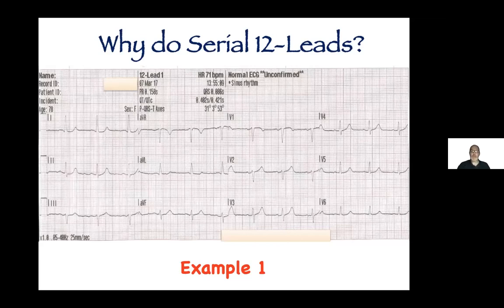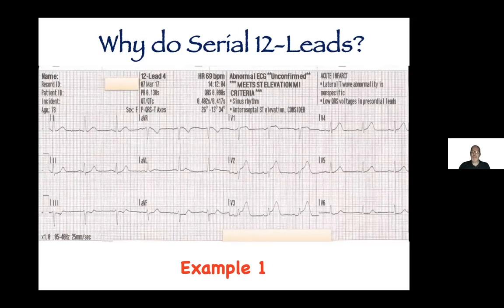Why do serial EKGs? This machine's telling you this is a sinus rhythm, nothing to worry about. Probably get a signed refusal from this patient. Well, the paramedic running this EKG, which was not me, was far smarter than that and said, you know what, those T waves in V2 and V3 are not normal, and was able to convince this 78-year-old woman to go to the hospital. If this woman had refused transport, he would have never had the opportunity to snatch this EKG that was recorded 17 minutes later.